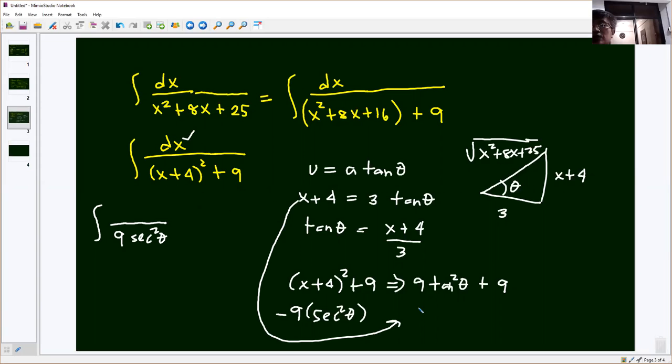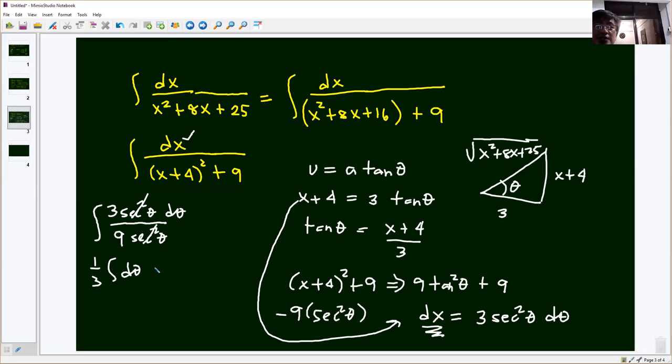Kunin natin yung dx is, syempre, derivative of x plus 4 is 1 dx. Derivative nito is 3. What's the derivative of tan? Secant squared d theta. So papalitan natin to ng 3 secant squared d theta. Yung ilalim na palitan ng 9 sec squared. So cancel. 1/3 outside. This is just d theta.